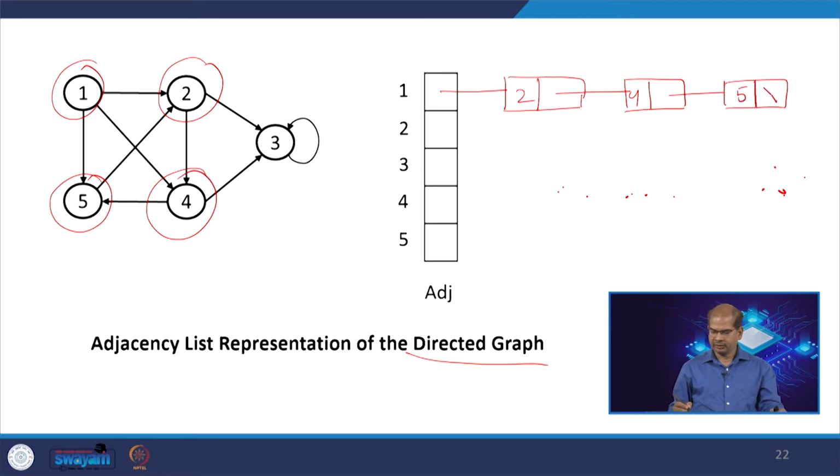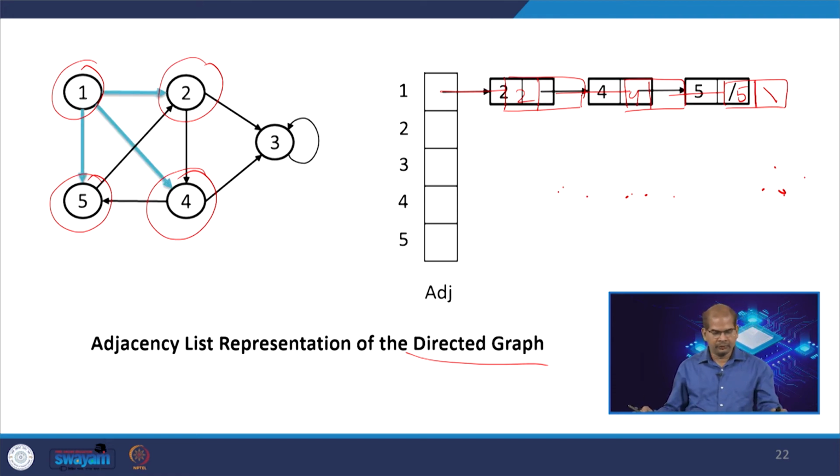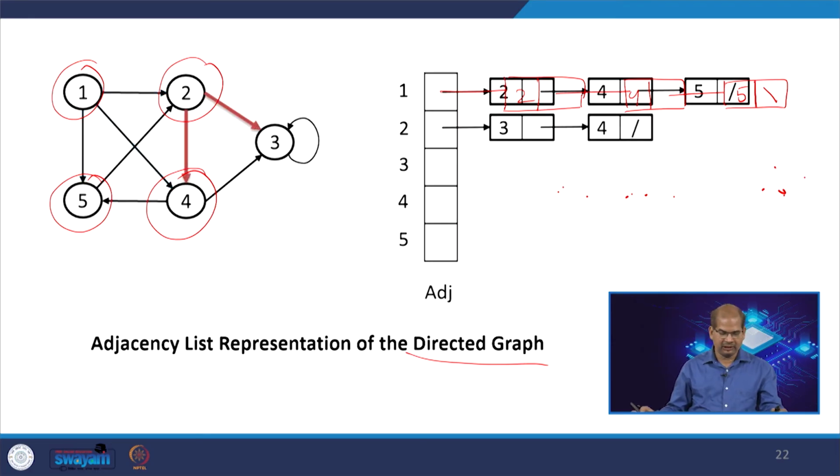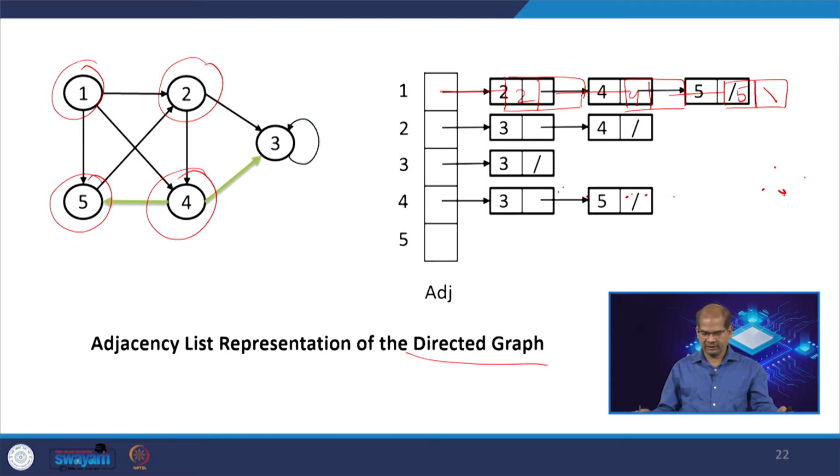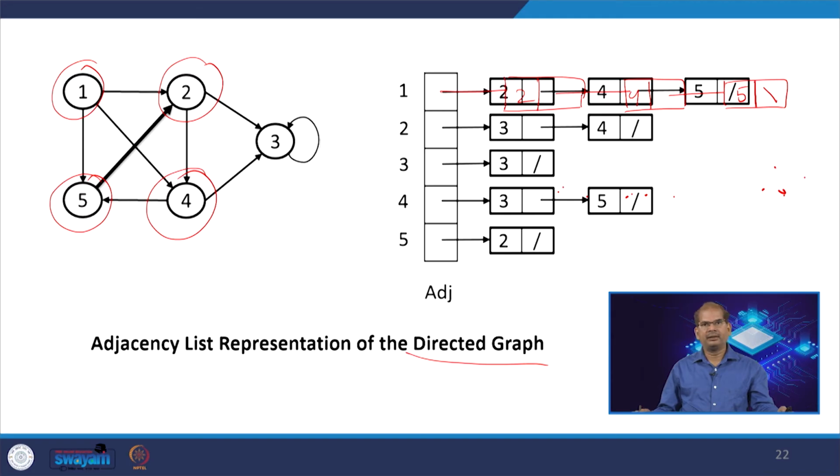This is the way we can represent it, but there is no edge from 2 to 1. There is a 2 to 3 and a 4, but 2 to 1 is not there because it is a directed graph. Since it is a directed graph, we need to consider the direction in which it is connected. So, this is the final representation of the complete directed graph.